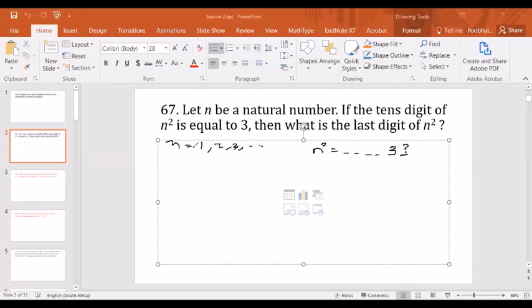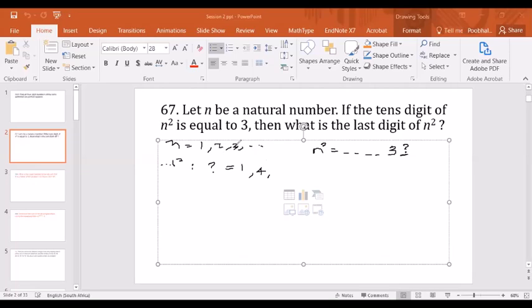When you have a square of a natural number, and the number ends in 1, for instance, and you're squaring it, then the last digit is 1. If the number ends in 2, and you are squaring it, the last digit will be 2 times 2, which is 4.